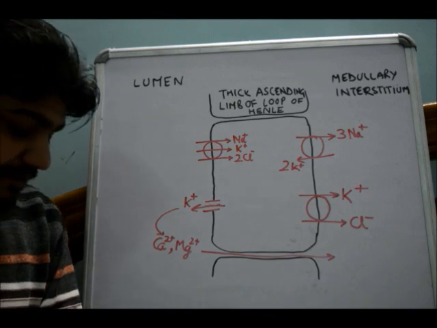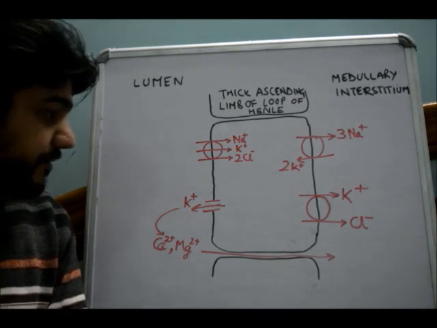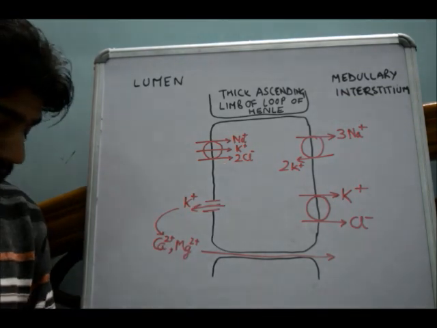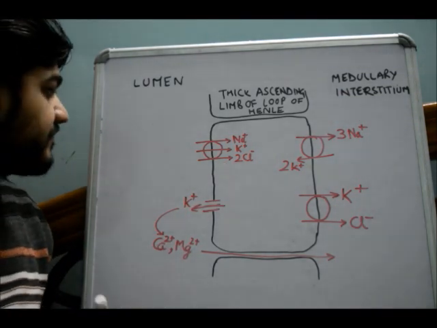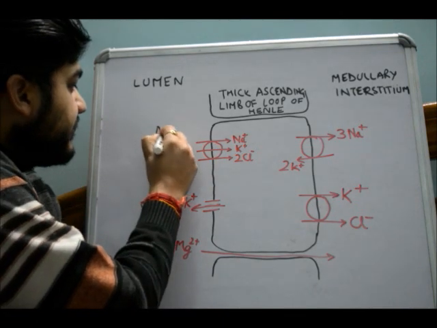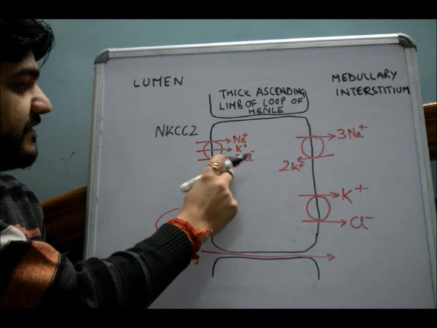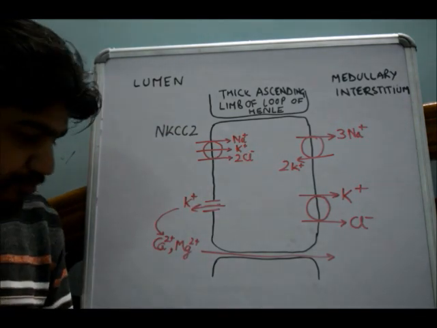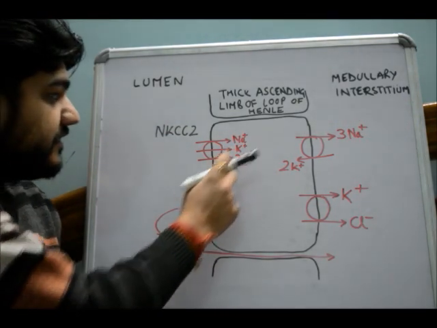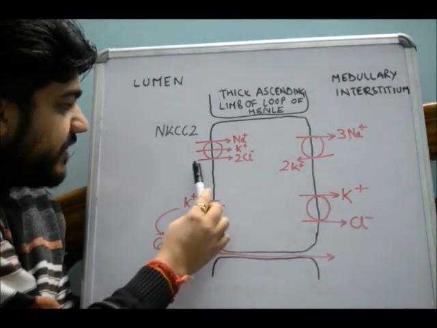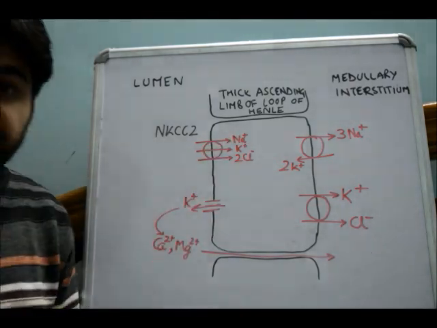One very important channel, or you can say symport, is present here, and it has been named NKCC2. This symport leads to movement of one sodium, one potassium, and two chloride inside the tubular cell.